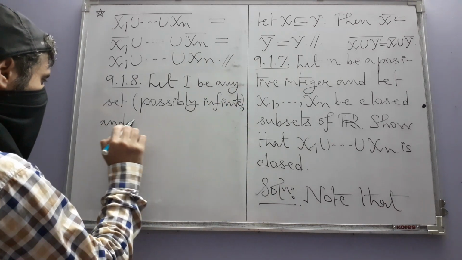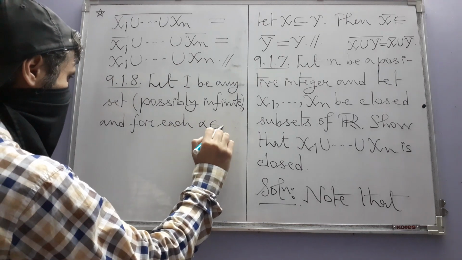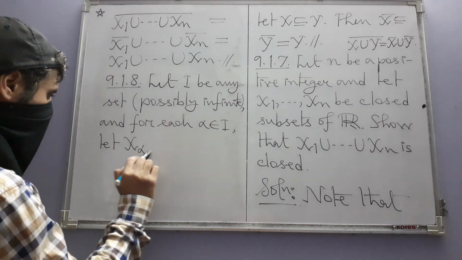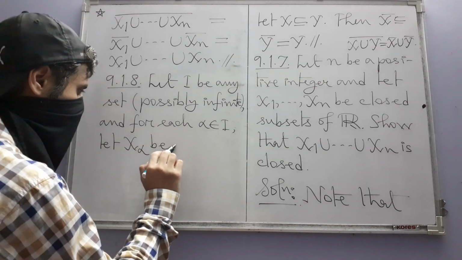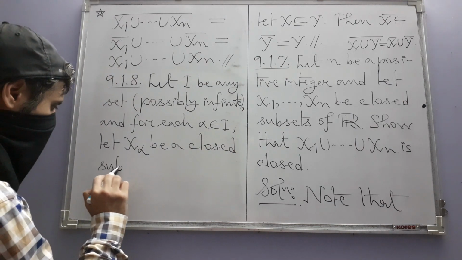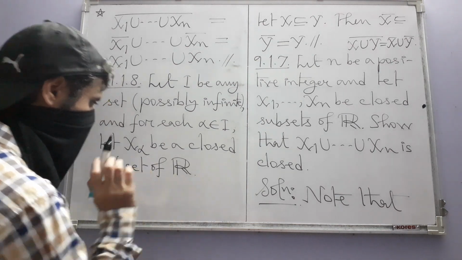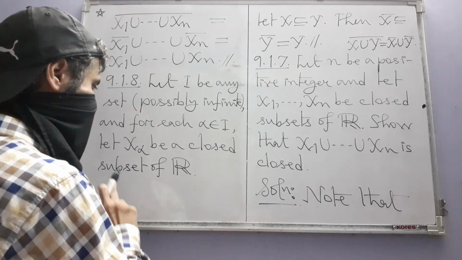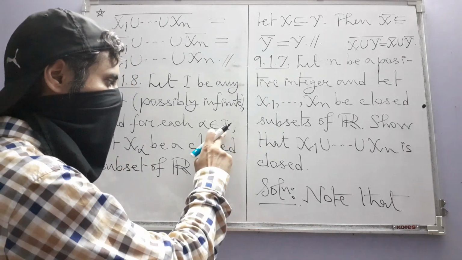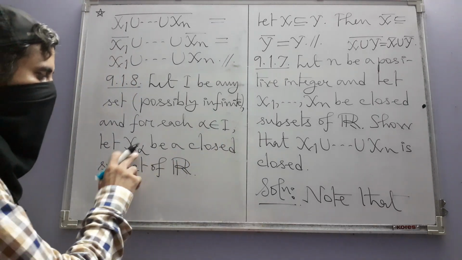And for each element alpha in I, let X alpha be a closed subset of R. In other words, we are now looking at an indexed family of closed sets where the index set is I. Its elements are labeling the elements of the family.